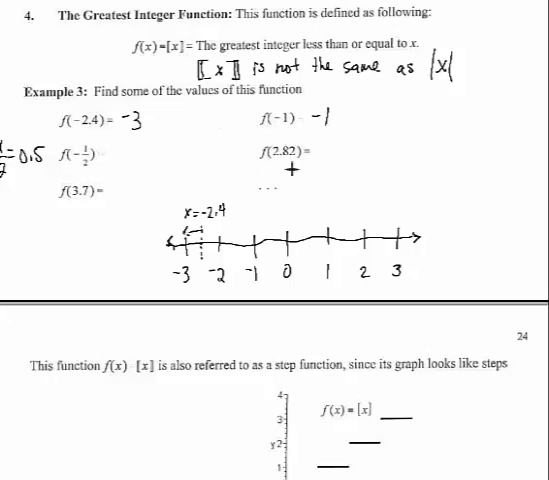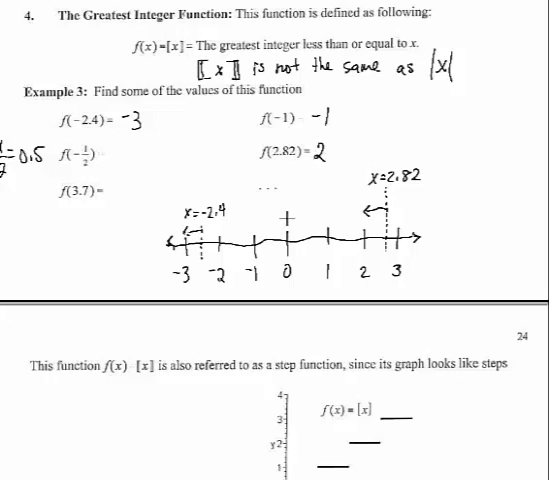If we look at 2.8, it would be located over here, pretty close to the 3, but we go to the left because it says it wants the greatest integer less or left of that particular number, and that integer would be 2 for 2.82.